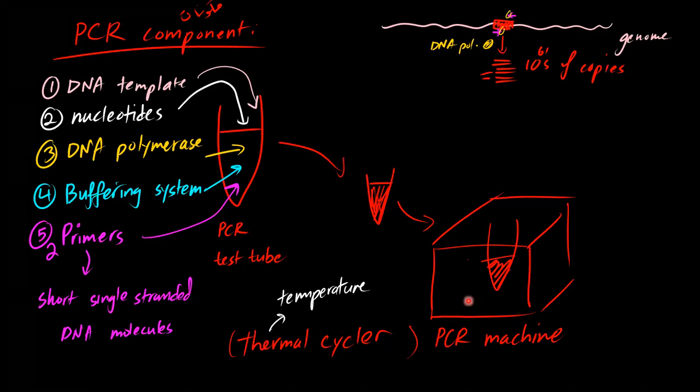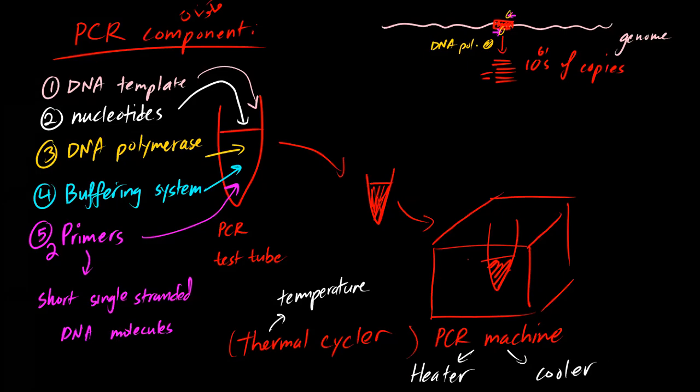Cycler means this device will be programmed to increase and decrease the temperature and repeat this cycle. So the PCR machine could be thought of as a heater and a cooler at the same time.